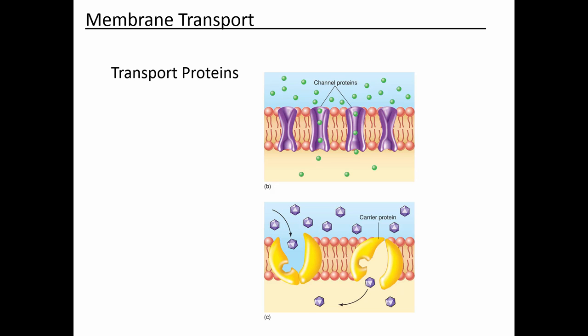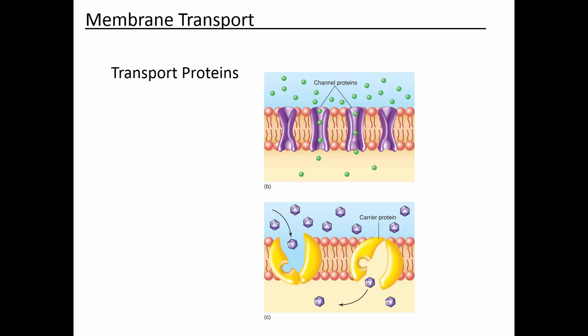So as an example, in your body, you have something called voltage-gated sodium channels. These are channels that, when they're open, only allow sodium ions to pass through them. They won't allow potassium ions, they won't allow chloride ions, or any other type of ions, only sodium ions when they're open. So they show specificity for sodium ions.